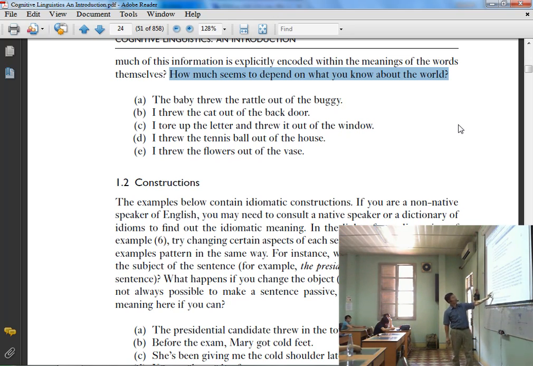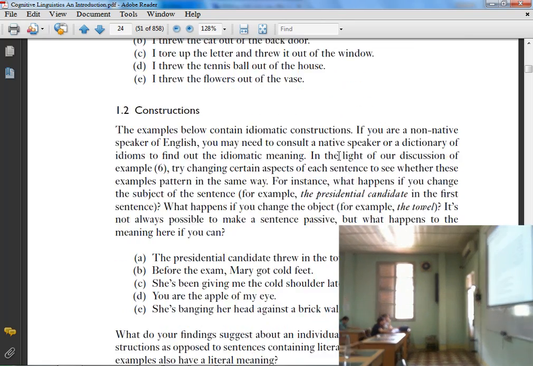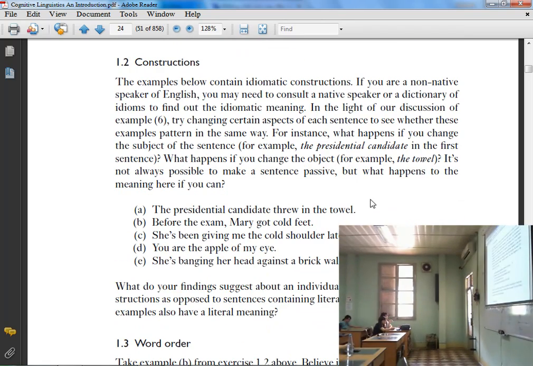Now next, we look at meaning constructions or idiomatic expressions in language. Now, these are the key questions.